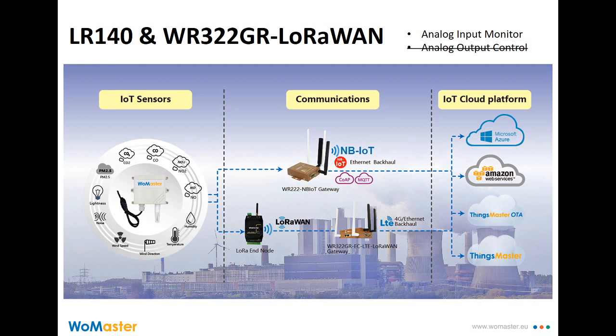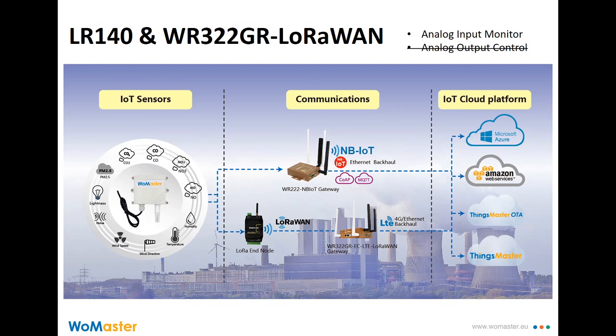However, a SIM card will be necessary, and some users don't prefer to be limited by the infrastructure of an operator. So LoRaWAN can be one of your choices to keep the same infrastructure without a carrier. Therefore, LR140 with WR322 is one of your options.